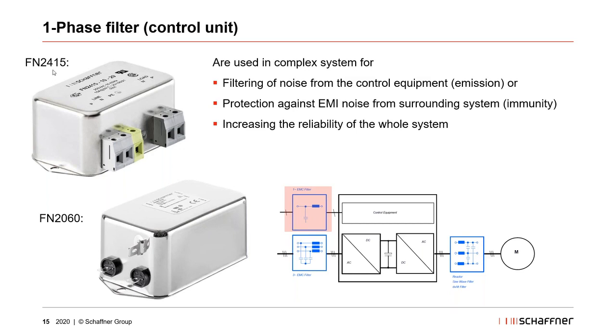The FN2415 has these terminal types for machine builders, for example, so that they are touch safe. The FN2060, you see here, they have this fast on. If you use isolated fast on connectors, then this is also possible to be connected in an easy way. There are also cable versions available for this one.